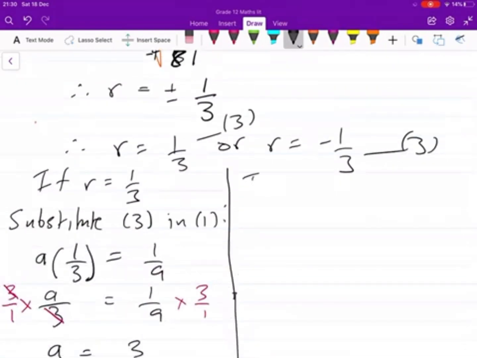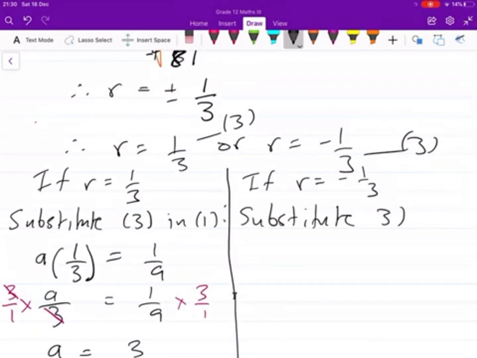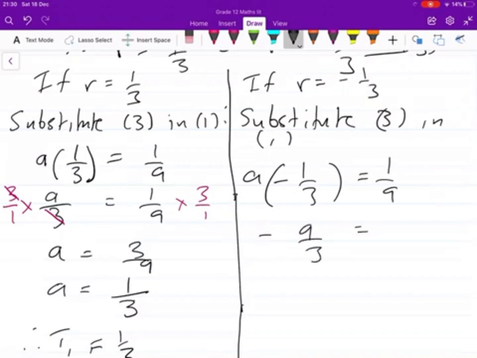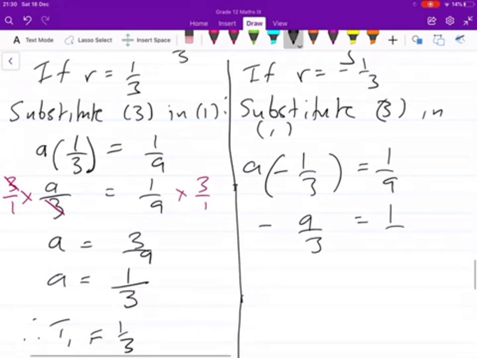Okay, so we will say if r equals minus 1 over 3, same procedure, substitute 3 in 1. And of course, instead of us now having positive, we'll just have negative 1 over 3 equals 1 over 9. And then this is negative a over 3, which equals 1 over 9.